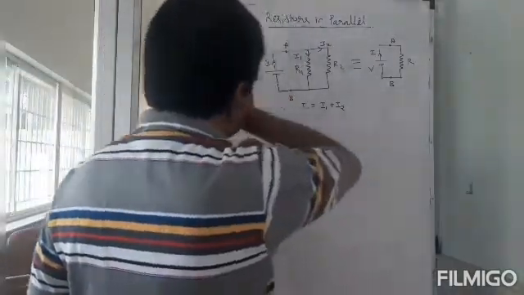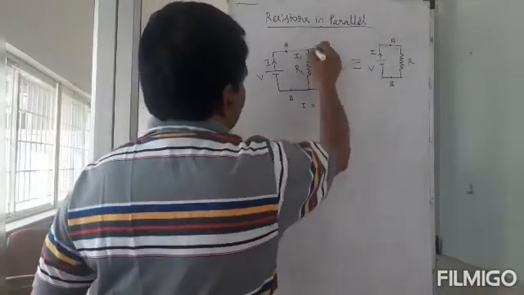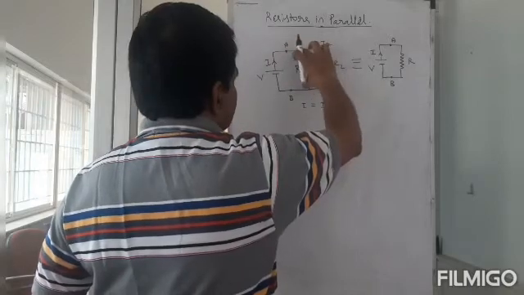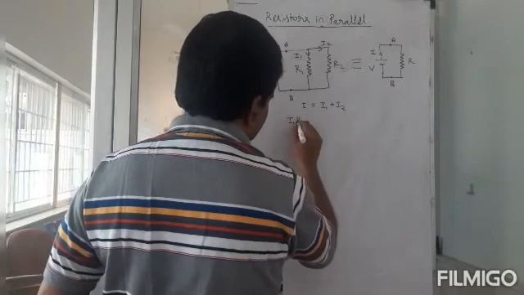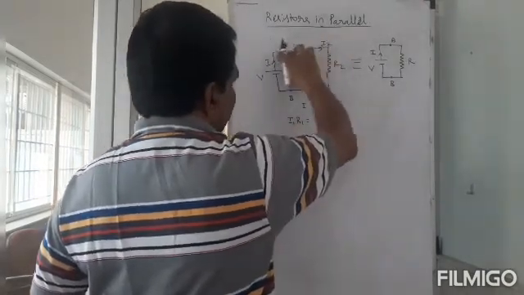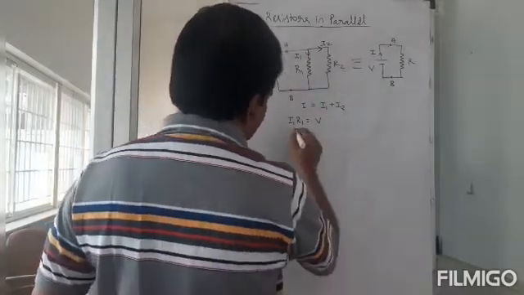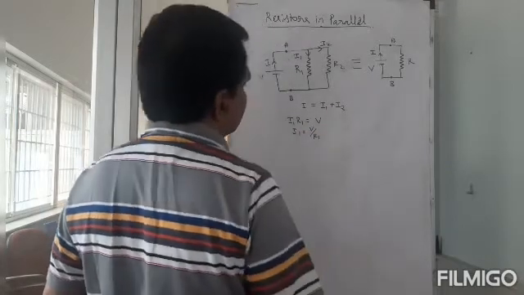Now, so what is the voltage here? This is V, right? It is same as this, these 2 points. So I1 R1 is equal to V. Same voltage, right? It won't get split anyway. So I1 is written as V by R1.